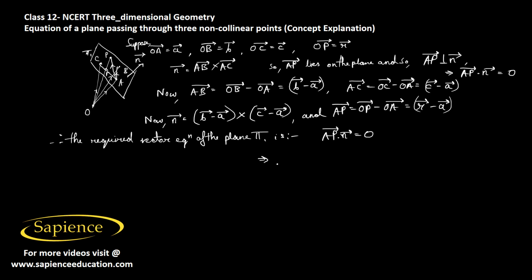So it means R vector minus A vector, dot product of that with B vector minus A vector cross C vector minus A vector, should be equal to 0. So this is the required vector equation of the plane pi1. We can see that this is called the scalar triple product.